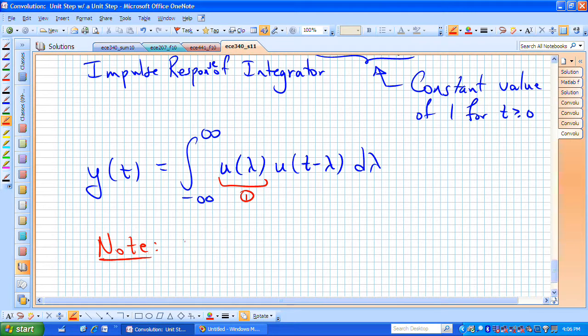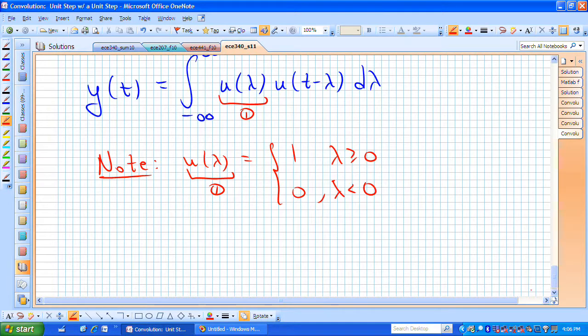The note I want you to keep in mind is that this waveform is 1 for non-negative values of lambda, and it's 0 for negative values of lambda.